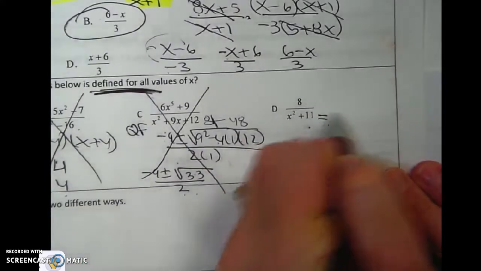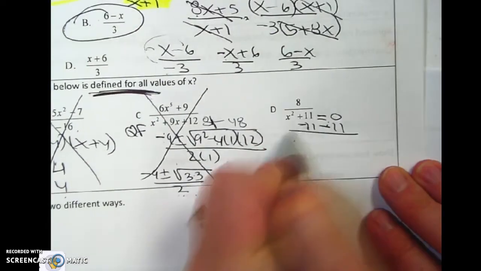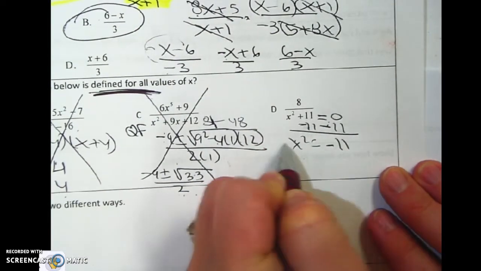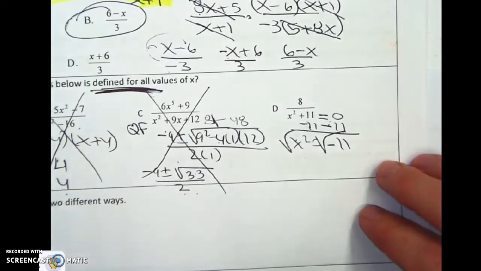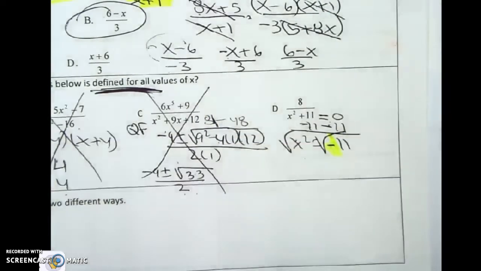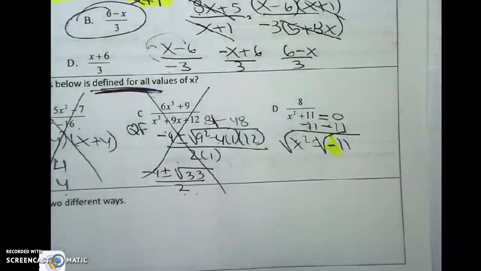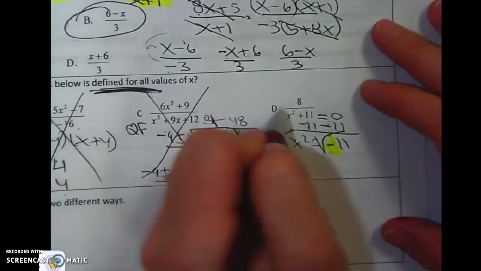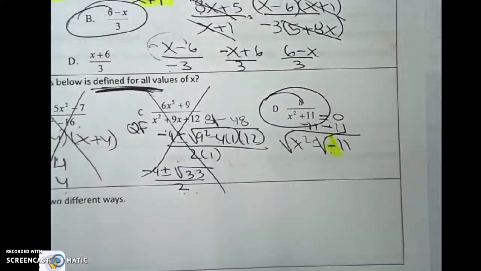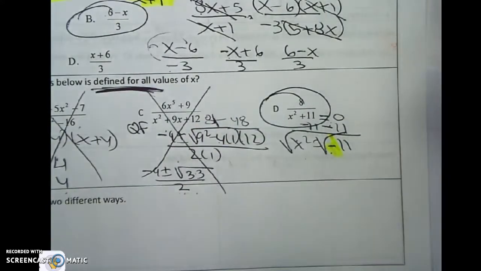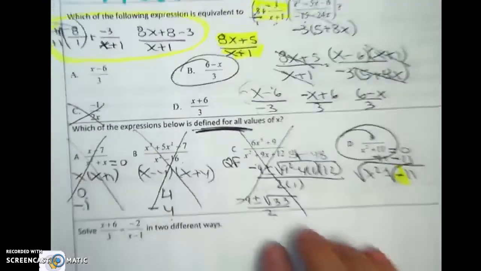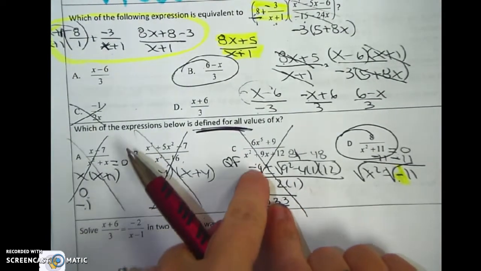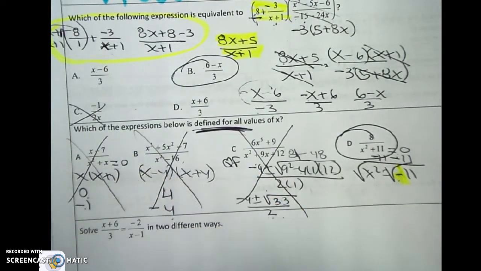Set it equal to 0, subtract 11, x squared equals negative 11, square root. There's an imaginary. You can't have imaginary restrictions. If you have an imaginary restriction, it's not actually a restriction. So because of that, D is one of the possibilities. So I want you to know on your test, remember, if this was negative, this one would be true for all values too. You could have one answer, you could have 3 answers, it just depends.